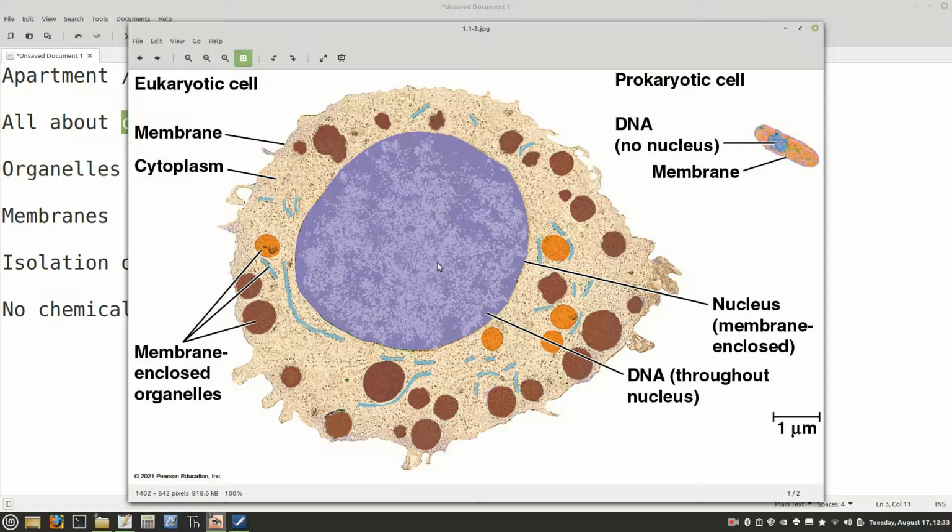So this concept of compartmentalization is really important, and it's one of the major distinctions between the bacteria and the prokaryotic cell structure and the eukaryotic cell structure. We've talked about the fact that prokaryotes include archaea and bacteria, but both of them use this structure.